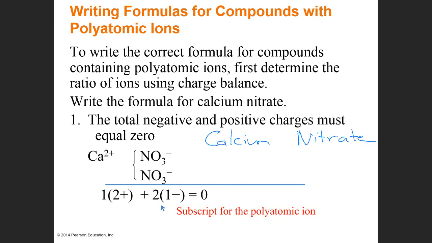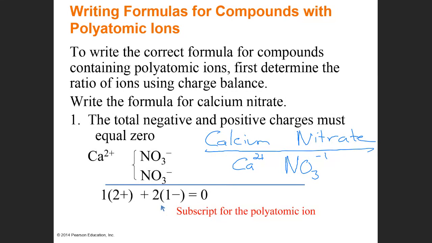Now, the name of this compound will be calcium nitrate. Okay, so the rule stays the same. We state the positive ion, we state the negative ion, and we put them together. Now, to look at the formula for this, I have calcium with a 2+ charge and NO3 with a -1 charge.